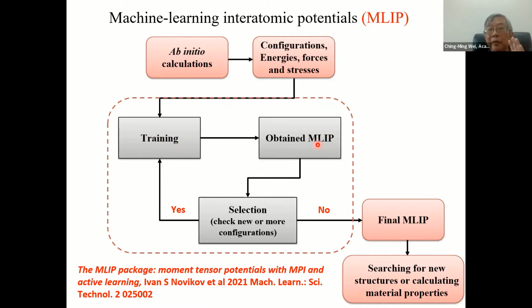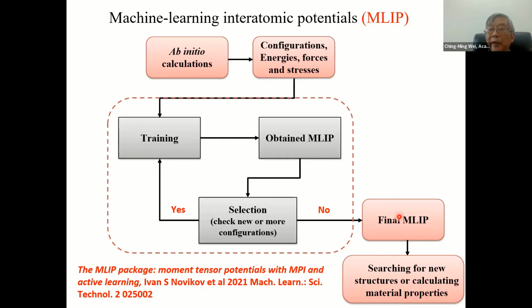And you obtain the machine learning interatomic potentials, and then you go to the test set. If the training set and test set obtain a very reasonable mean square error of the forces, then you think the potential will be good.